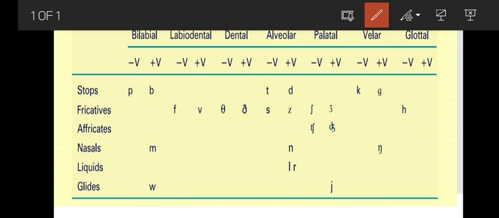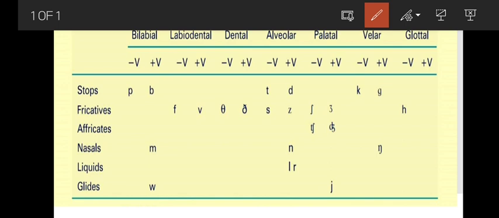These are sounds formed with the upper teeth and lower lip. If you say the words fat and vat, you will feel that they are pronounced with the help of the upper teeth and lower lip.